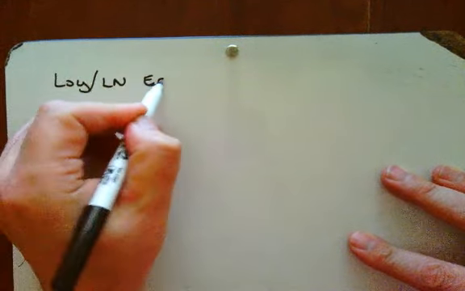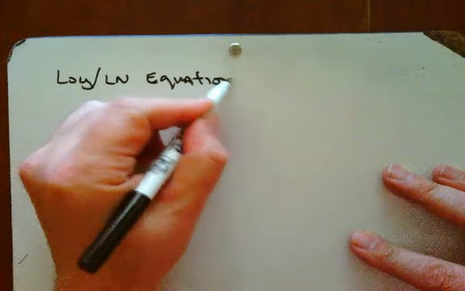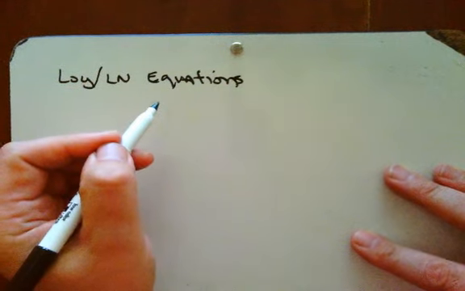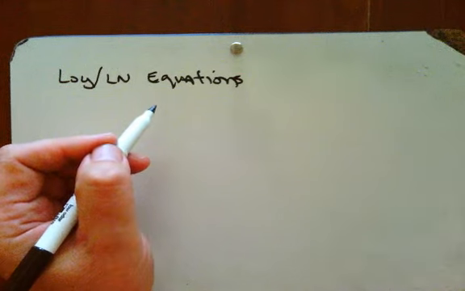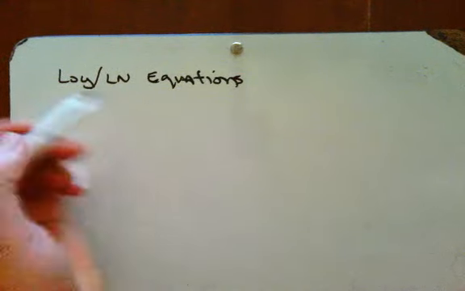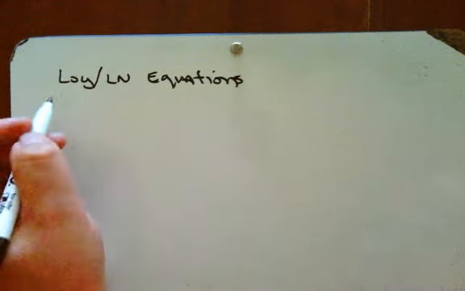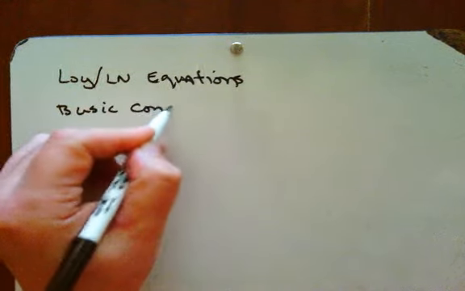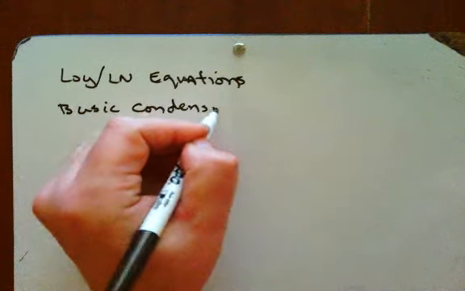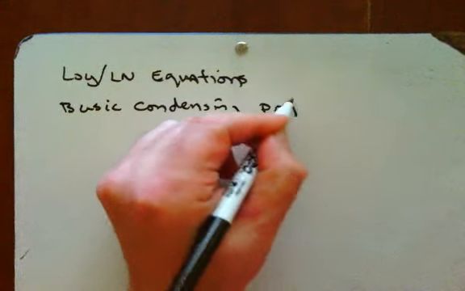Okay, let's move on. Let's deal with some log equations. And I'd like to think that we have some strategies here as well. The one-to-one property might be good, condensing might be important here, and exponentiating will be important.